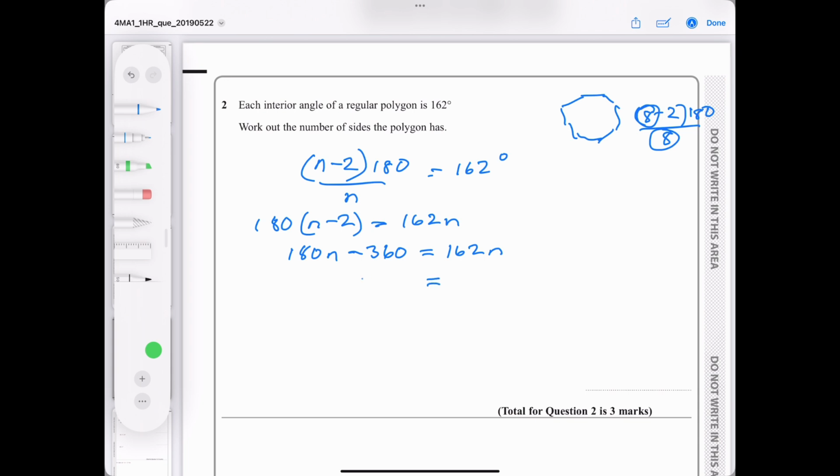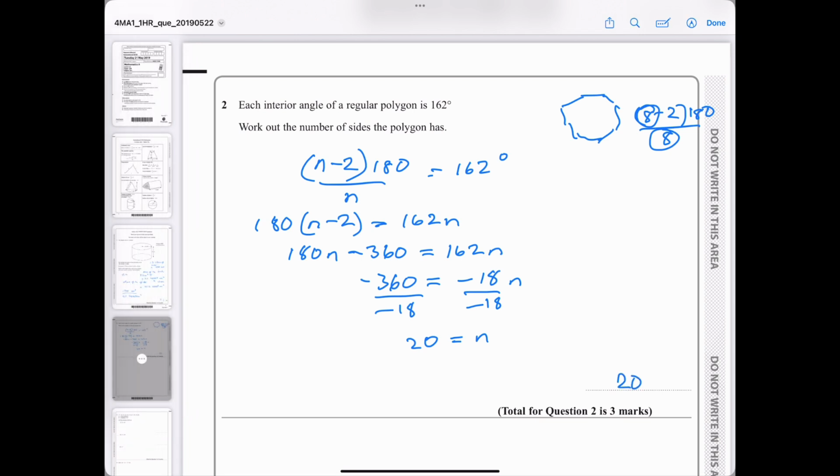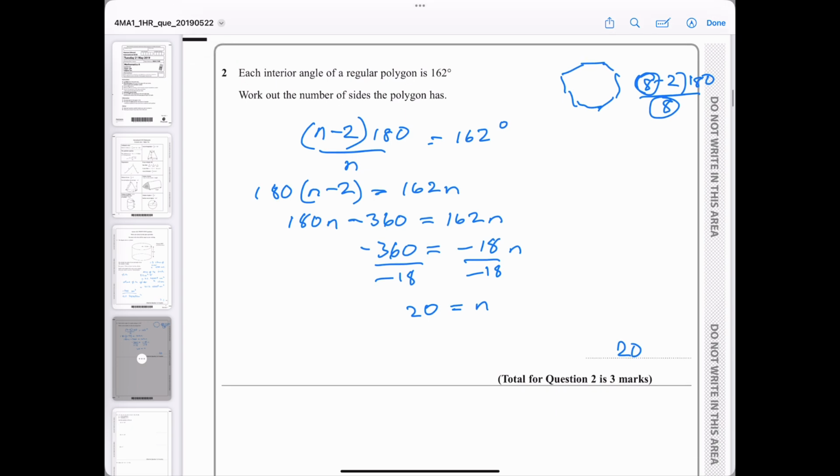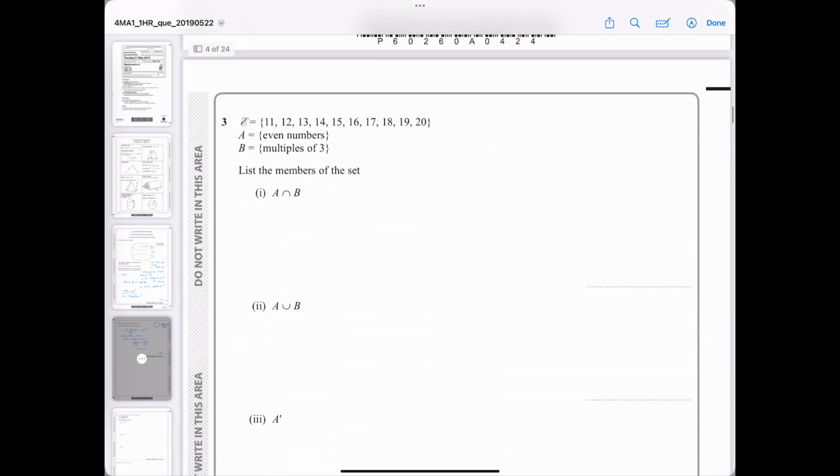So that's minus 360 equals minus 18n. And if we divide both sides through by minus 18, we should get 20 equals n. So that makes quite a lot of sense. And you do need to remember the n minus 2 times 180 over n for your paper.